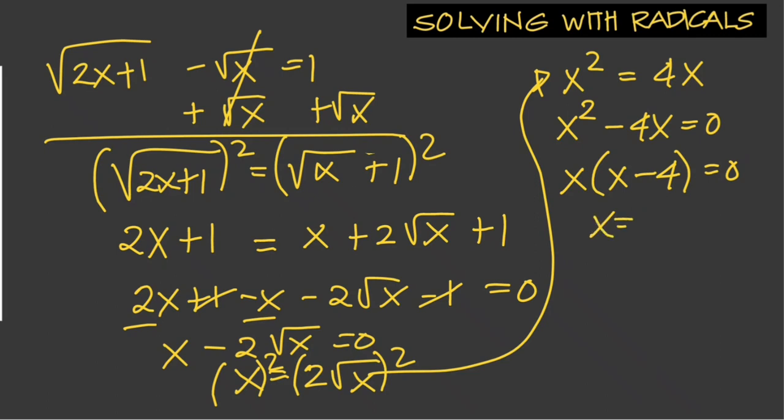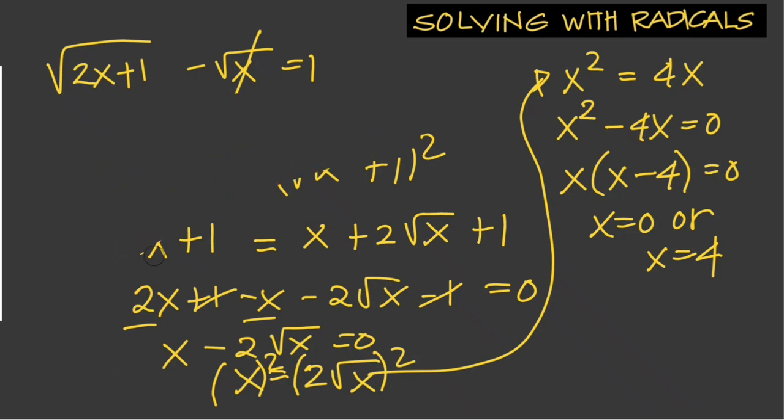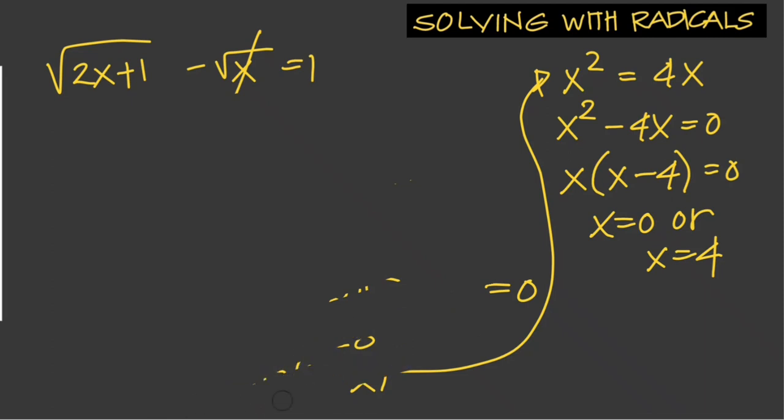So our x is equal to 0, or x equals 4. So now we need to check our answers because our index is even. So we just have to plug in x equals 0 or x equals 4 to the original equation.